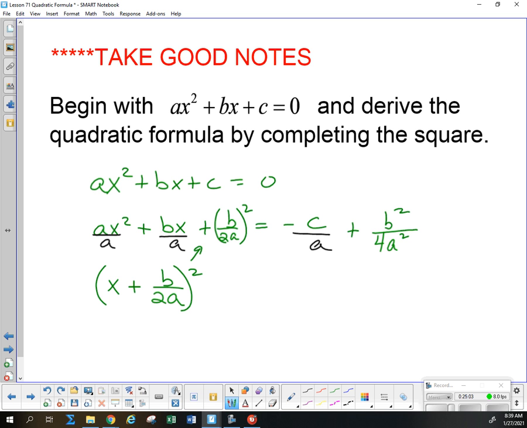Okay, now I've got parentheses squared equals. So I need to get a common denominator on the right-hand side. That means I need 4a squared for my denominator. So you must write that you're multiplying numerator and denominator by 4a, so that you're multiplying by 1.